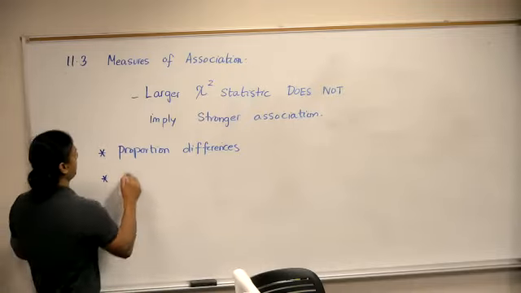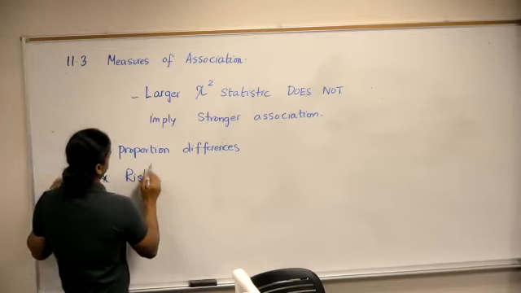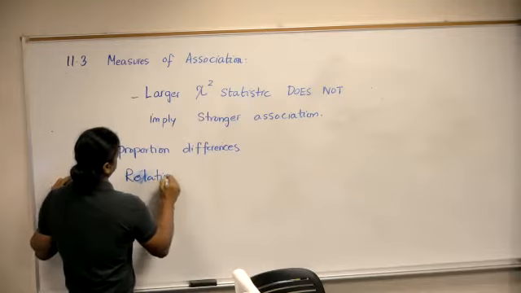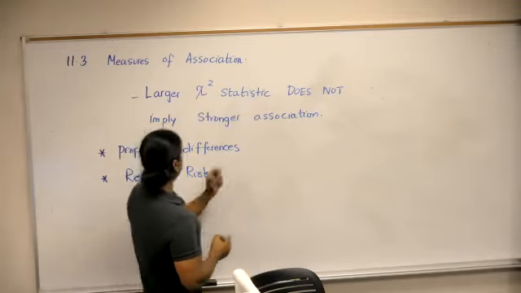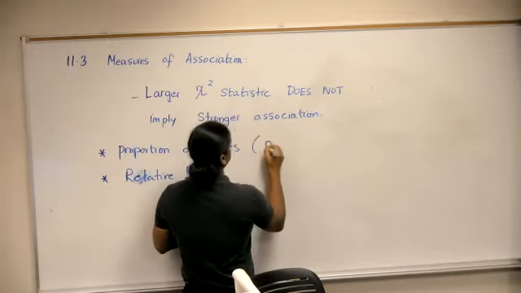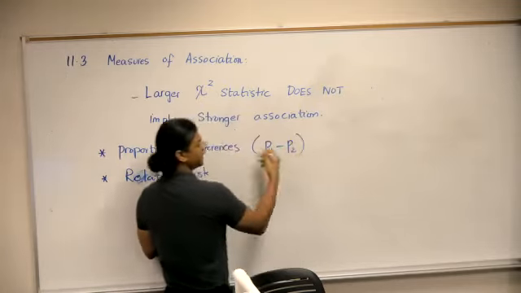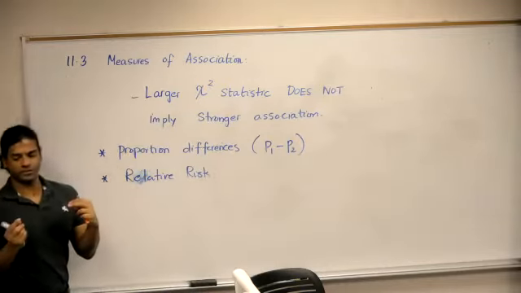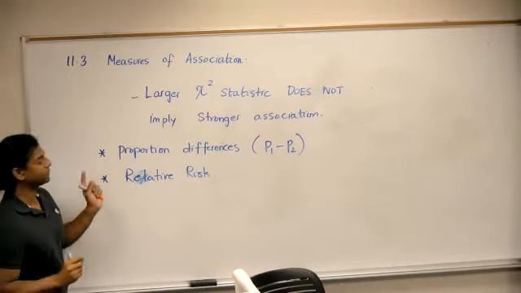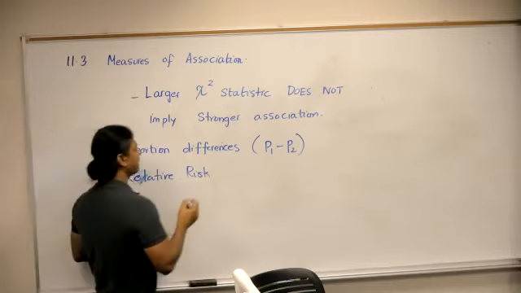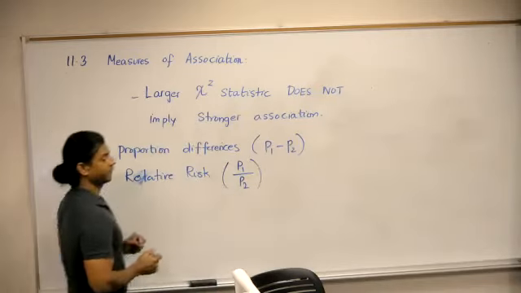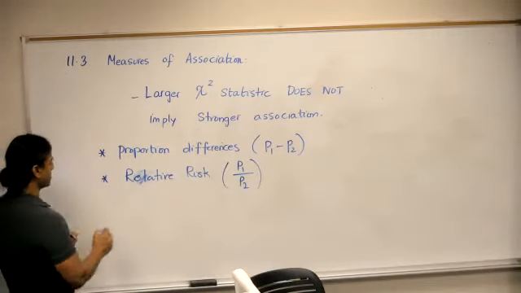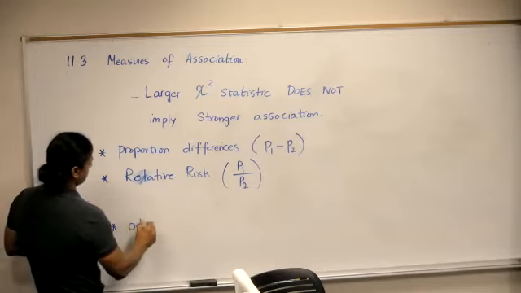Number two, relative risk. Let me just use notation here. So P1 minus P2, two proportions, is the difference of proportions. Relative risk is P1 divided by P2. And the last one is odds ratio.